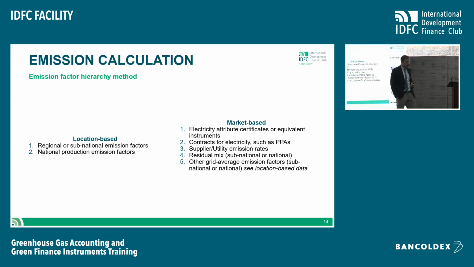Emission factor hierarchy method. So, of course, we would like to use location-based factors. So when we talk about grid emission factor, in Poland, where I live, or in Jordan, where I have one of the projects, we use one emission factor because in general there is basically one grid, right? But I can imagine there are countries where the grid is not connected between different regions.